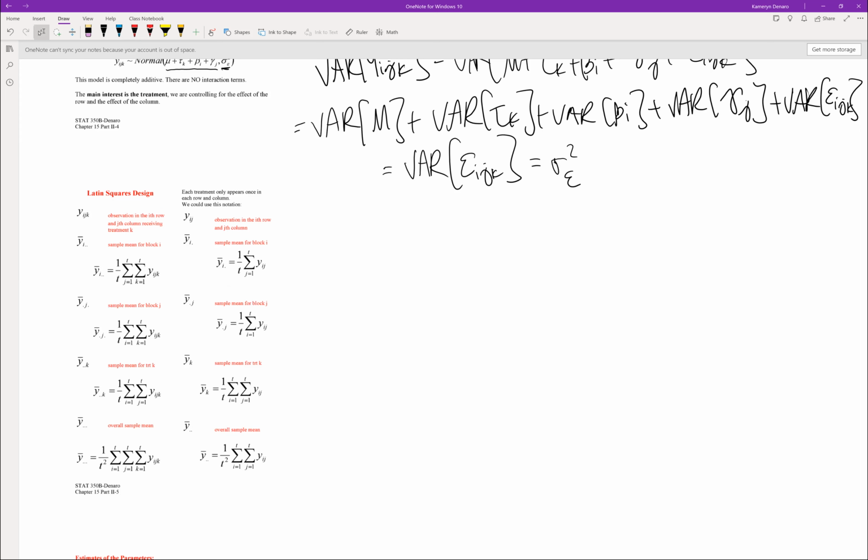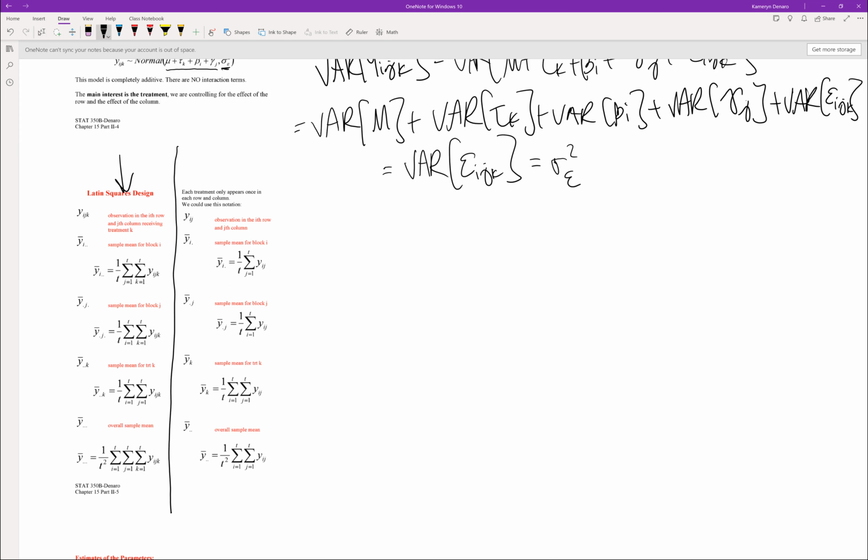And if you want, you can either use the notation in column 1 here, or if you wanted to, you could use a second notation where you just ignore that last piece and say, okay, yij is the observation in the ith row and jth column.